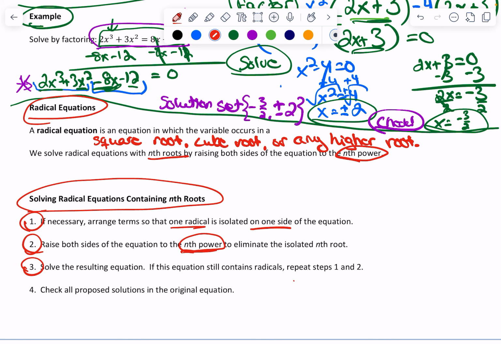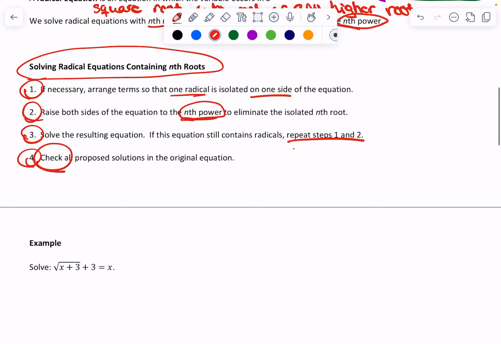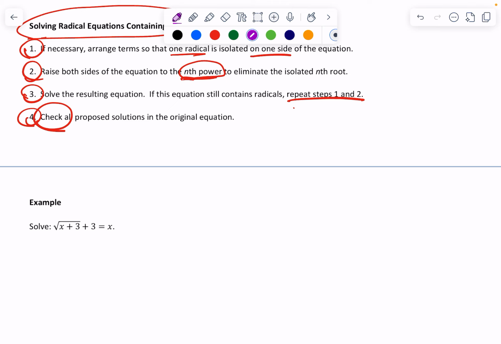If this equation still contains radicals, then you go ahead and repeat steps 1 and 2. And then, of course, 4 is always check the answers. Okay, so let's look at this example and see what we're going to be doing.